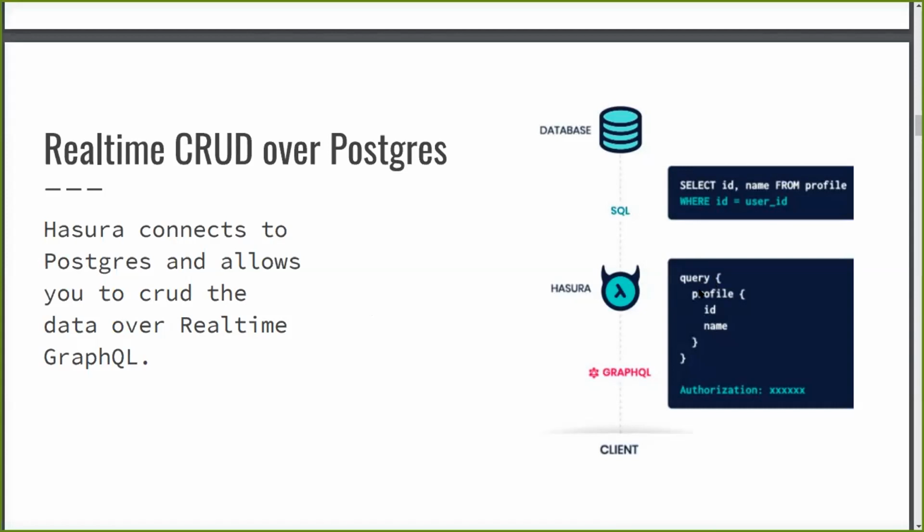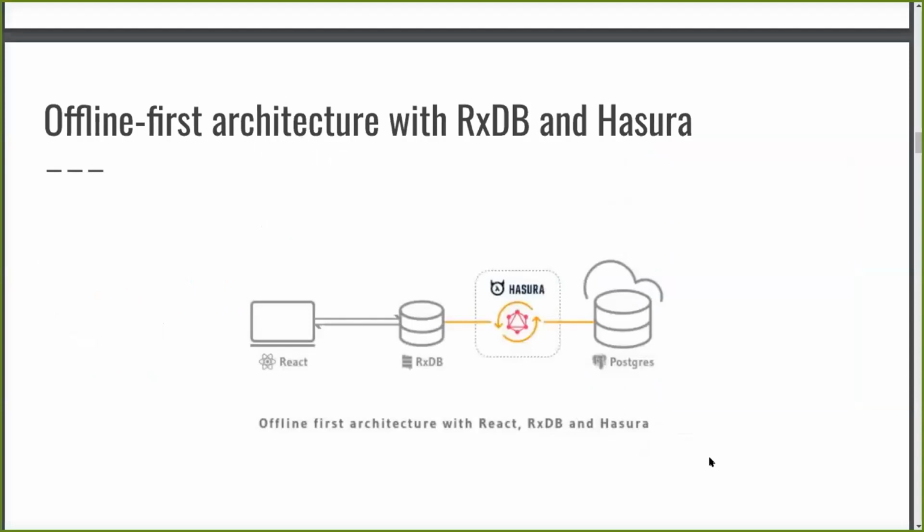For example, if you have a profile table, a profile query would look something like this: you make a query and you ask for the fields of the profile table. The fields usually map to the columns. So when the client makes a query, Hasura compiles it to a performant SQL query and returns the response to the client. So that is Hasura's real-time CRUD over Postgres.